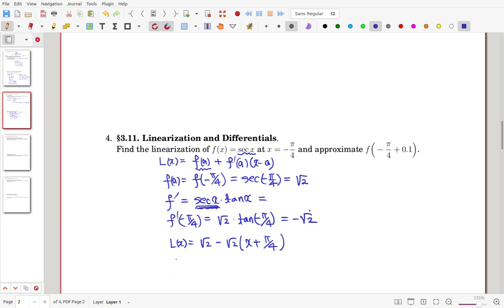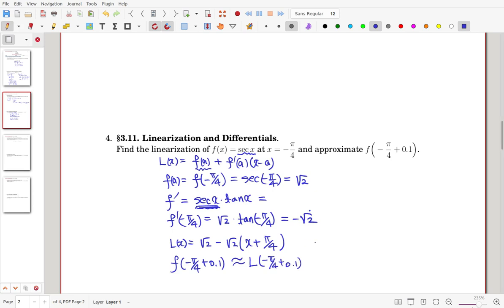Now here we are approximating the value f of minus pi over 4 plus 0.1, which can be approximated by using, oops, rather than f, we are using L. Okay, here L of minus pi over 4 plus 0.1.